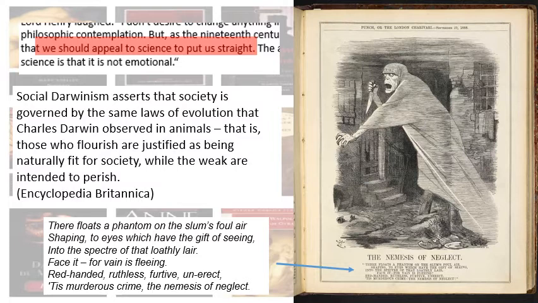So it essentially means that if you are well off in the world, if you are flourishing, then you're justified in doing so because you're fit for society. You've been put in a position where you are doing well. Whereas the weak, the lower classes in society, those that are suffering, well, they're intended to perish. They should be suffering and dying in droves, because that's just Darwinism.